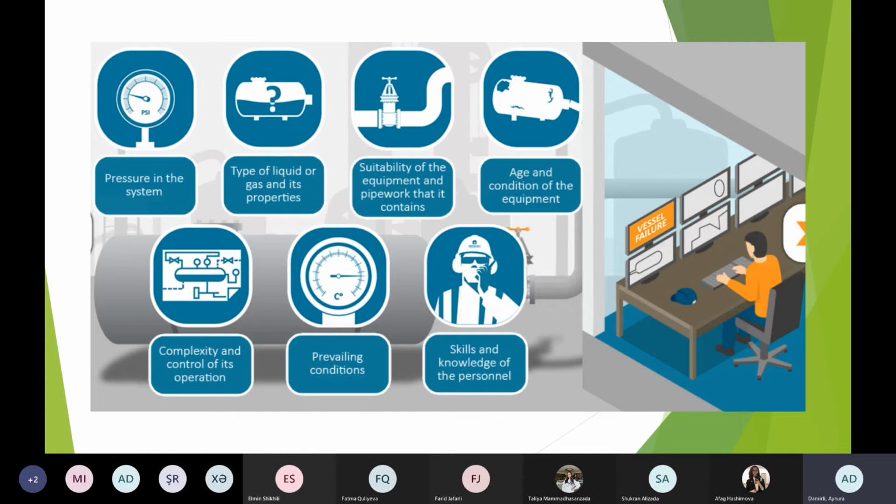Prevailing conditions, skills, and knowledge of the personnel: equipment on site needs to be accessible, and personnel should know properly what the equipment is for. If we are not following all the processes which are written to follow, everything leads to failure of the vessel.